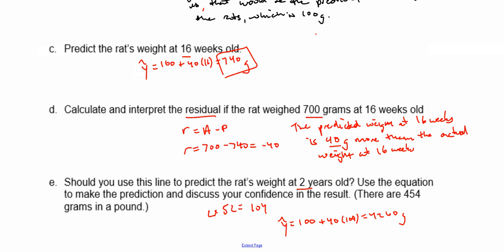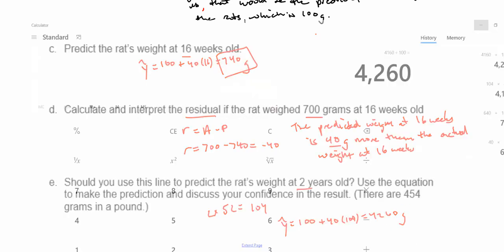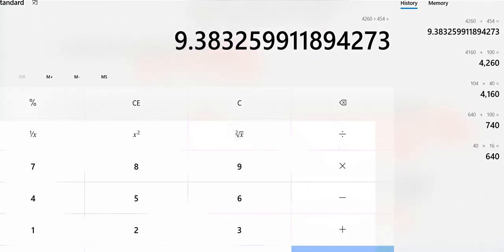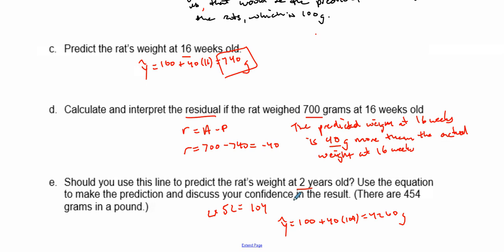We divide that by 454, and that's a 9-pound rat. That's like a small dog. So using this equation, it predicts 9 pounds. Should we use the line?